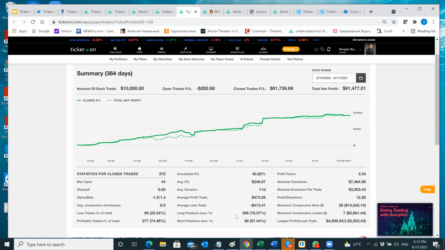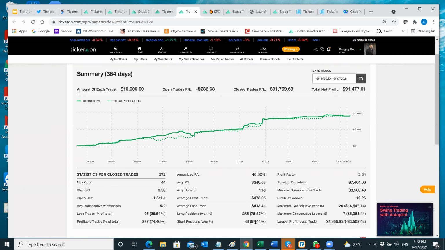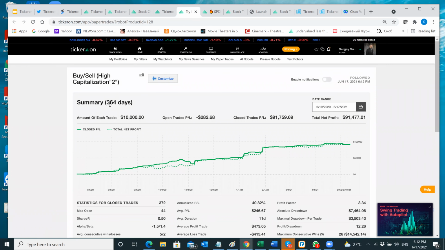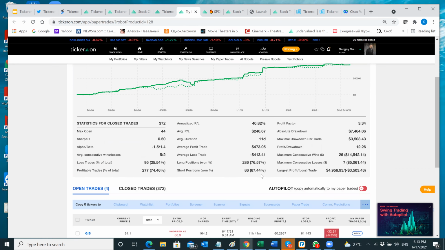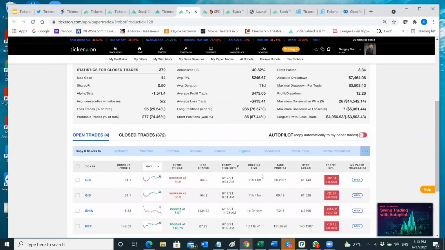Long positions won 76%, and short positions won 67%, which is also pretty good. And it's been trading for 365 days, right? And that's the profit curve, okay? Which is really not bad, okay?